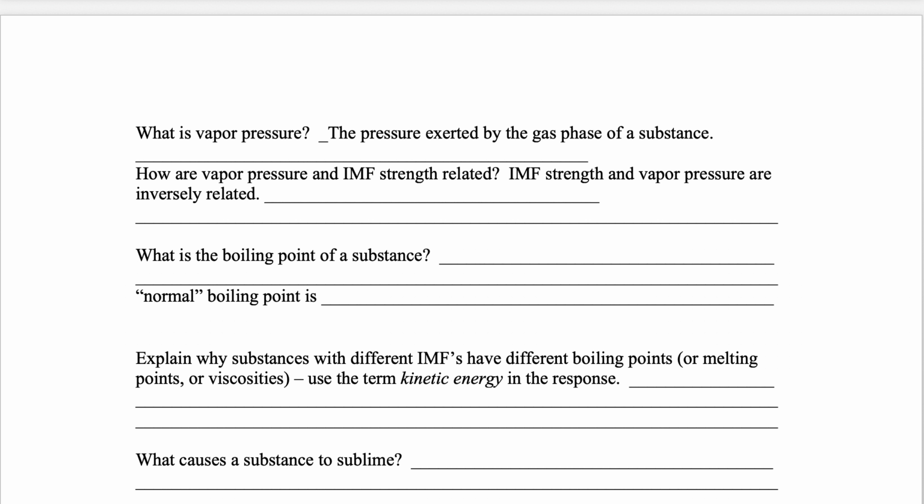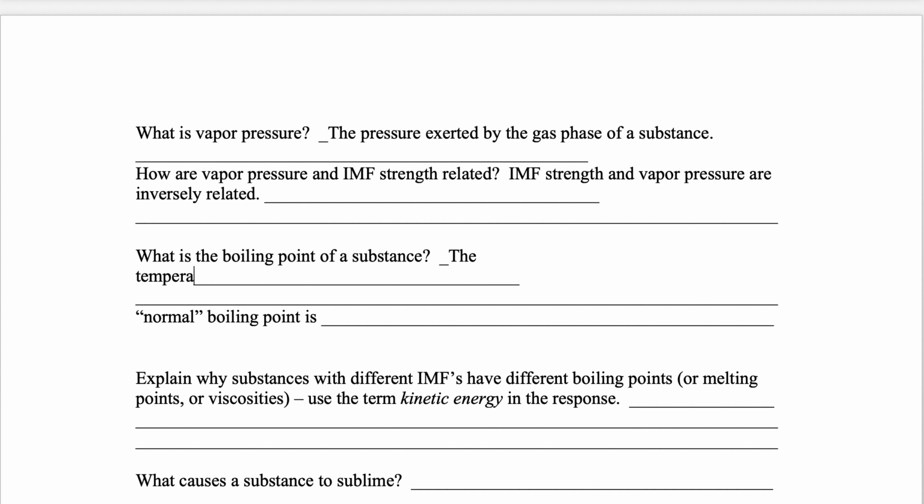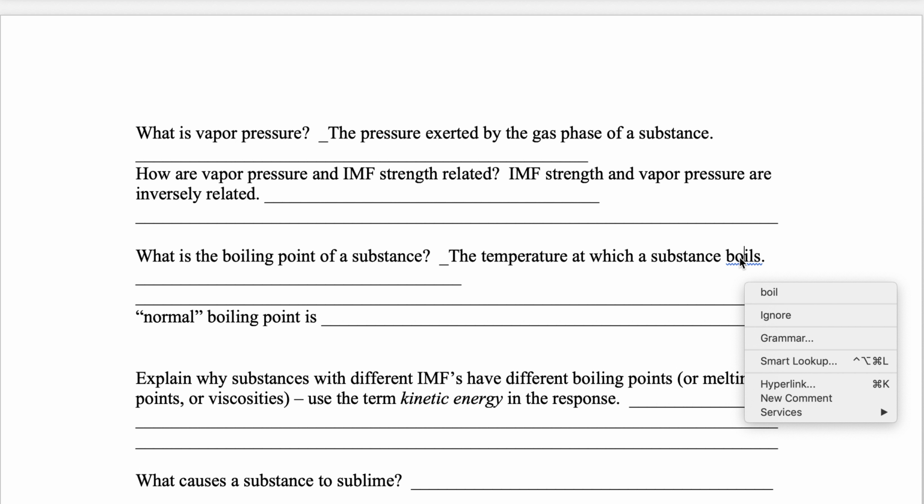Boiling point. The boiling point of a substance is the temperature at which a substance boils.